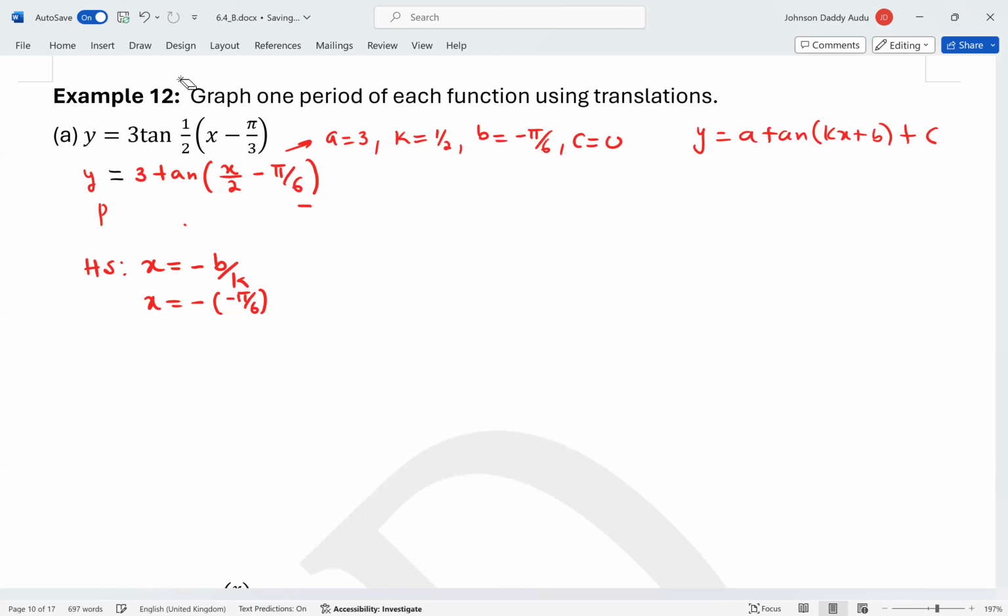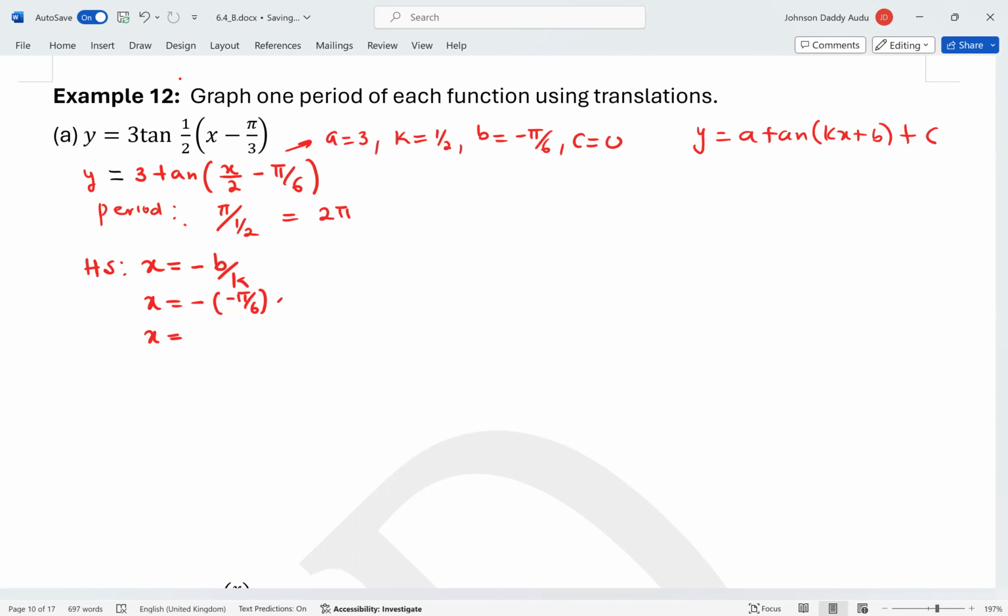So the period is pi over k, which is pi over half, and this is just going to become 2 pi. But here you have that the horizontal shift is x equals minus pi over 6, right?